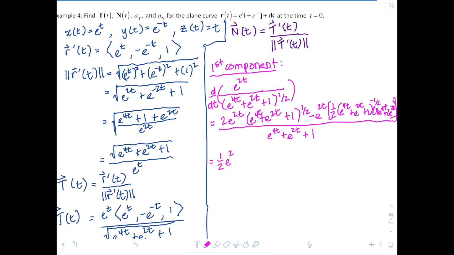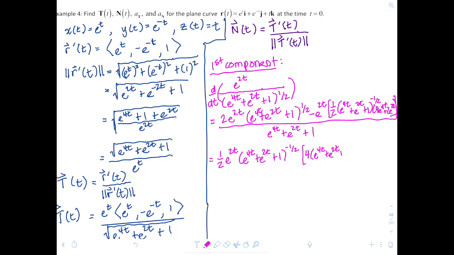I'm going to bring out a 1/2 and e to the 2t, and then e to the 4t plus e to the 2t plus 1 to the negative 1/2, because that's my factor, the power that's most to the left. Now, to balance this out, we will have 4 times e to the 4t plus e to the 2t plus 1 raised to the 1 power to get me to the positive 1/2.